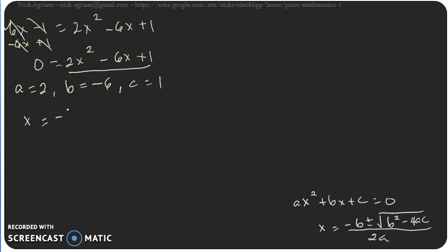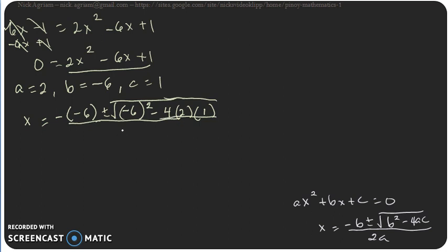We have negative, and then negative 6, divided by, plus minus square root of negative 6 squared, minus 4 times A, that is 2, times C, that is 1, divided by 2 times 2.